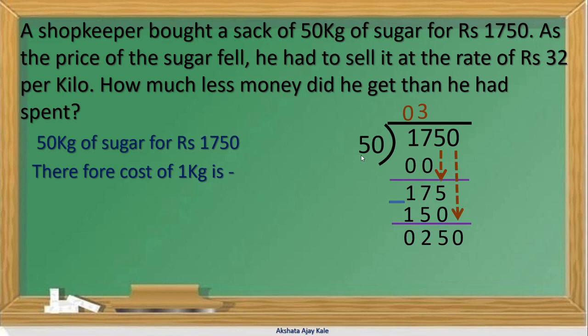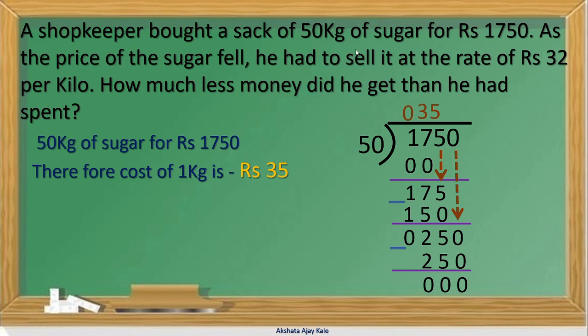And we know 5 table. 5 5s are 25. So 50 5s are 250. Right? What is the answer? 250 minus 250, that is 0. Here we got the cost of 1 kg, that is nothing but rupees 35.